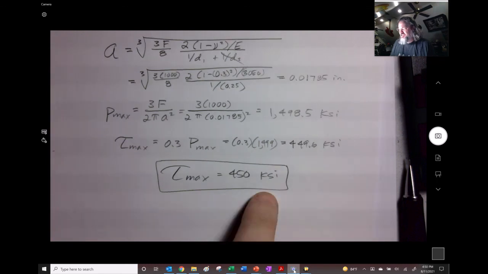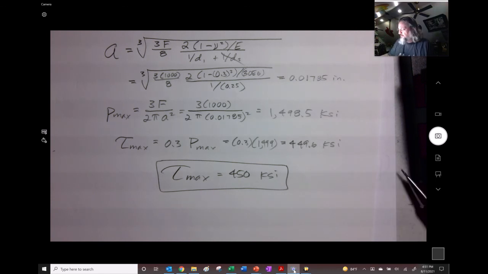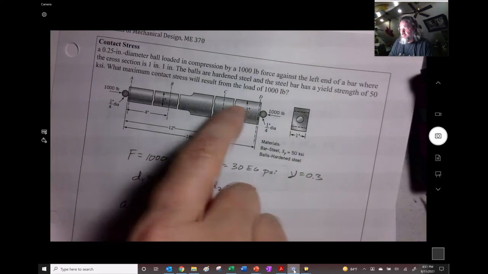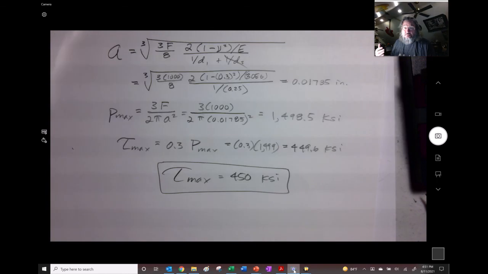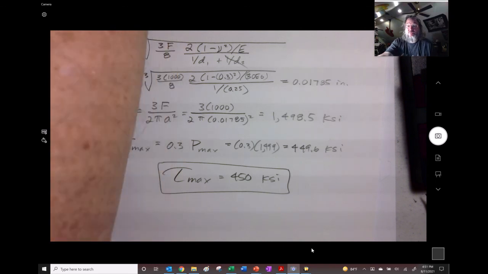Or maybe there might be really high stress, but it's very local, and it might leave a little dent, but such a small dent that it'd be imperceptible, or it might not matter. Maybe they just don't care. Maybe the whole purpose of this thing is to leave dents in the end of this. I don't know, but we have an estimate of what that maximum shear is. Remember, it's below the surface.